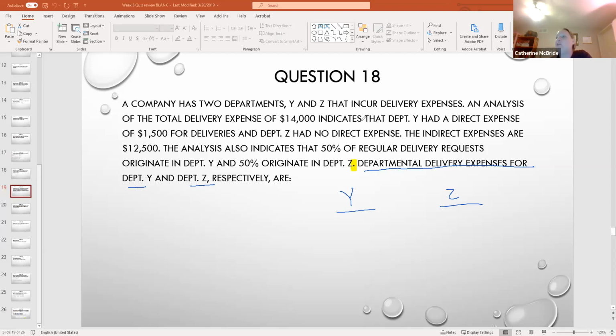An analysis of the total delivery expense of $14,000 indicates that Department Y has a direct expense of $1,500 and Department Z had no direct expense. The indirect expenses are $12,500. An analysis indicates that 50% of regular delivery requests originate in Y and 50% in Z.